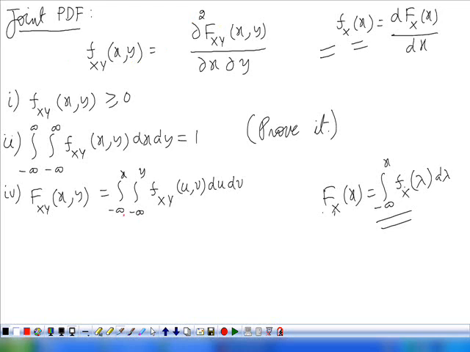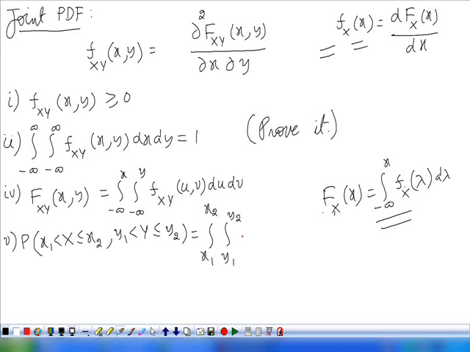Understood? So after integration and substituting the limits, this will be a function of x and y. And similarly, the probability of x1 less than x less than or equivalent to x2 and y1 less than y less than or equivalent to y2 is equivalent to the integral x1 to x2, integral y1 to y2 of fxy x comma y dx dy.